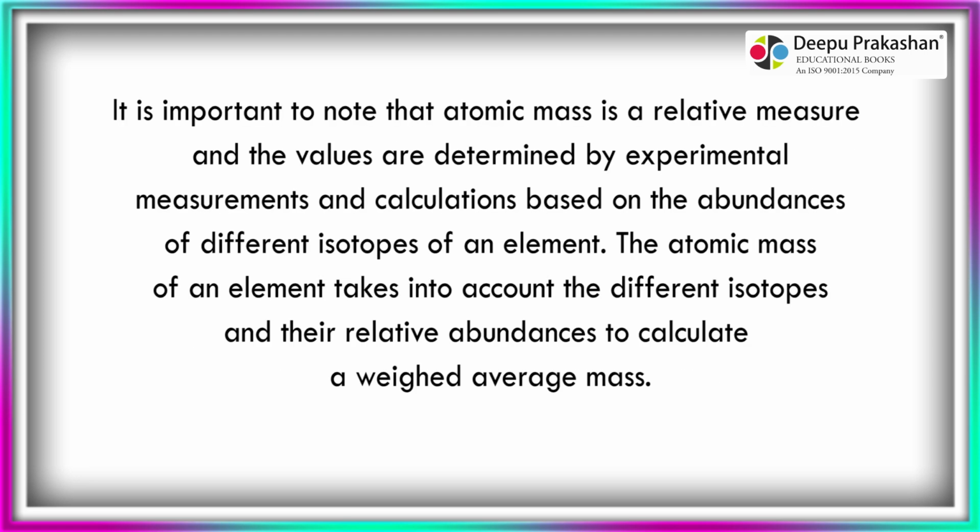It is important to note that atomic mass is a relative measure and the values are determined by experimental measurements and calculations based on the abundances of different isotopes of an element. The atomic mass of an element takes into account the different isotopes and their relative abundances to calculate a weighted average mass.